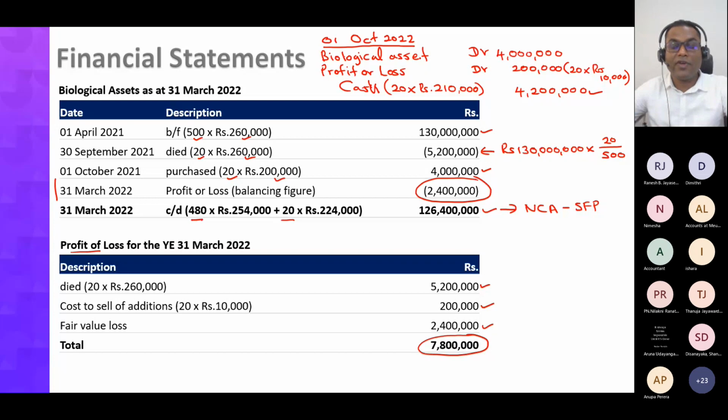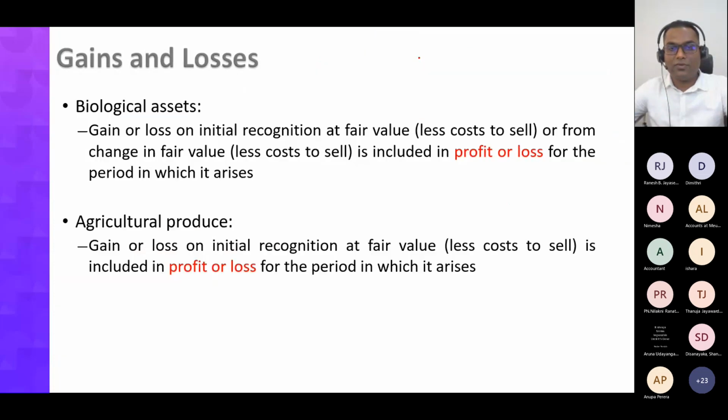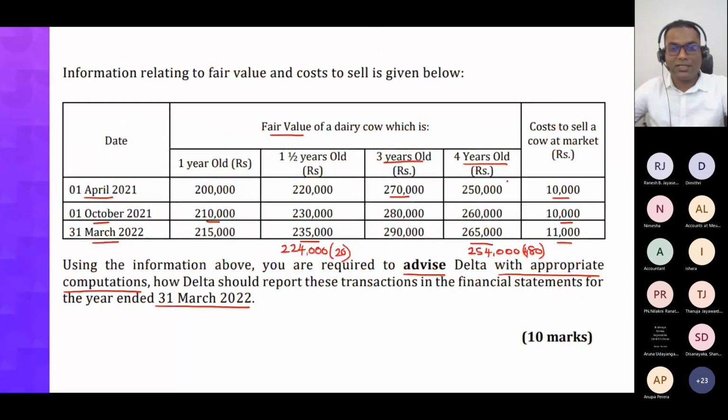biological asset has to be at fair value less cost to sell. Now, if you look at the selling cost on 1st October 2021 to sell one cow, it would cost you how much? 10,000 rupees, right? Now, fair value is the purchase price, 210,000. There's a selling cost of 10,000.